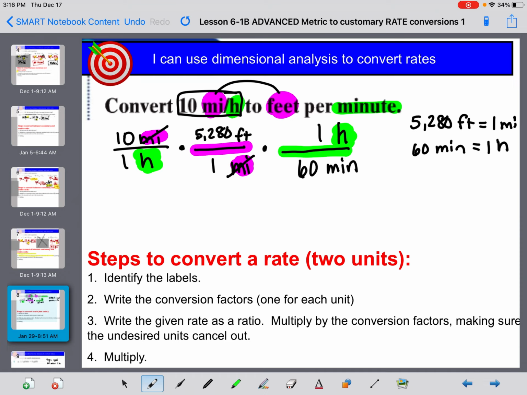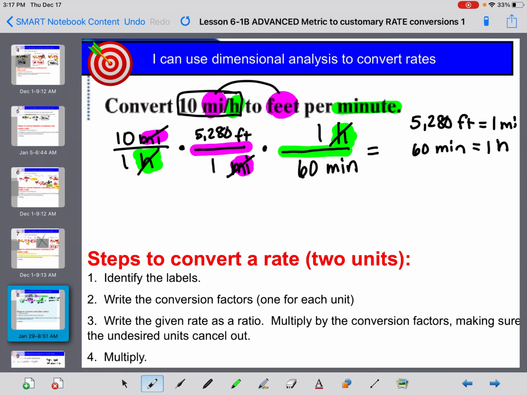Just like that. Now, hours and hours cancel out. Some people get confused, like, how did you jump over to that one from here to there? But remember, the commutative property says that I can multiply in any order I want. So really, I could have switched these two, right? And then they would be side by side. So go ahead and you can absolutely jump across ratios in order to cancel those out.